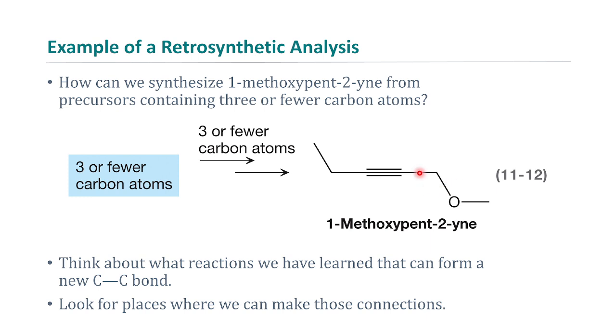That's where we're at right now. So we're going to look for places where we could make those connections. We've just gone over some triple bond chemistry, where you could attach new carbons at the end of triple bonds. And so we could break apart the different sides of these triple bonds, and that could actually get us what we want.